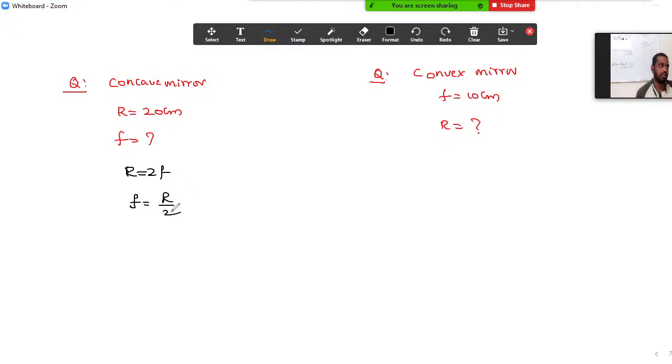Next concept is focal axis. Focal axis is nothing but the line which is passing through focus and perpendicular to the principal axis.